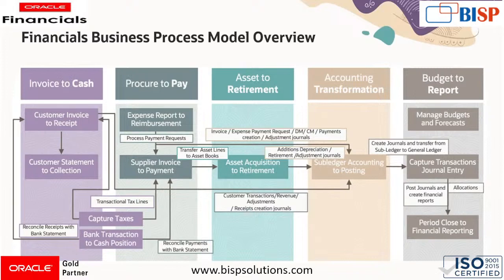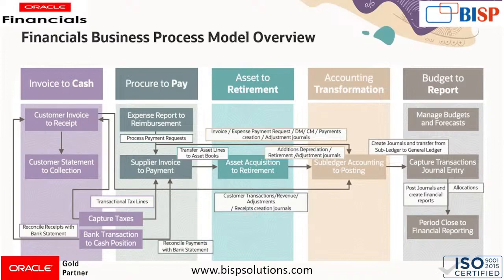And here, from the mass addition process, we enter the supplier invoice, we validate the invoice, and we mark the track as an asset in the supplier invoice line.